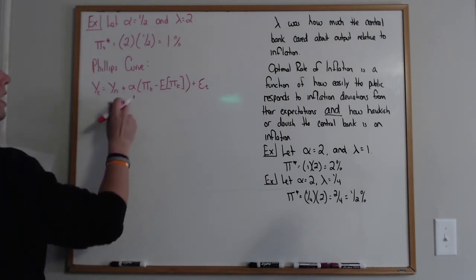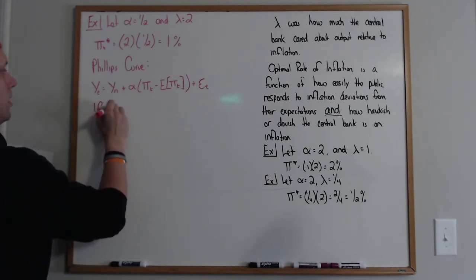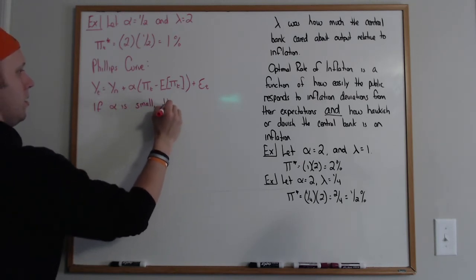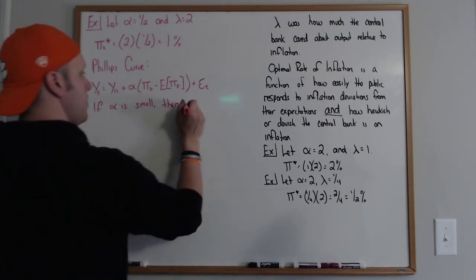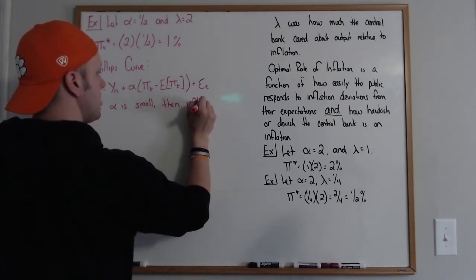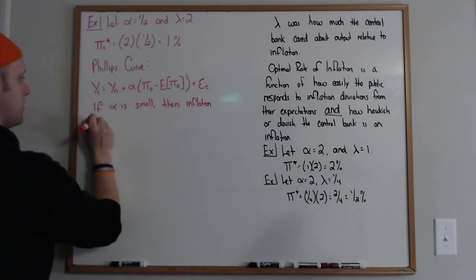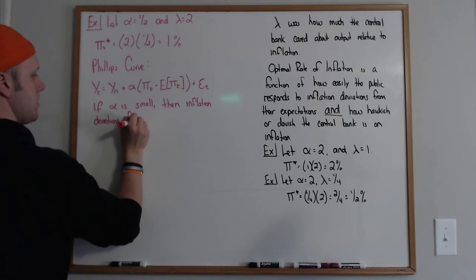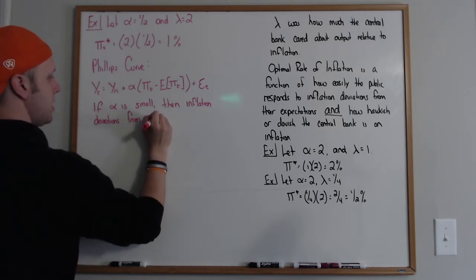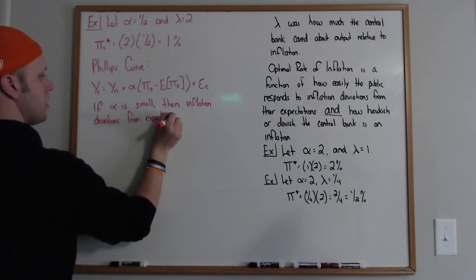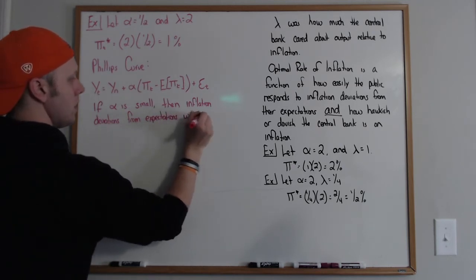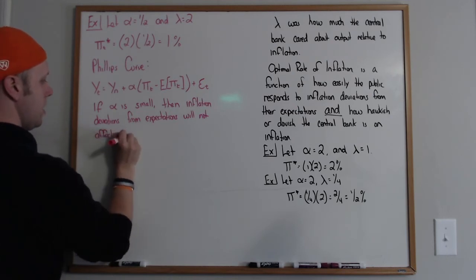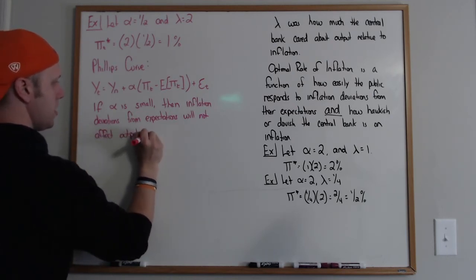So if alpha is small, then inflation deviations from expectations won't affect output as much.